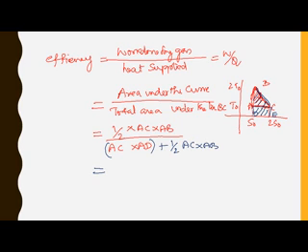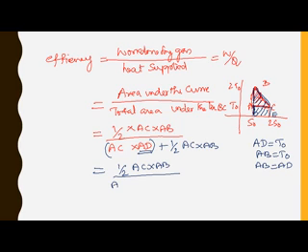Then here, what is the value of AD? AD is equal to T naught, and AB is also T naught. So you substitute the value: instead of AD, you substitute AB. So half AC into AB divided by AC into AB plus half AC into AB.